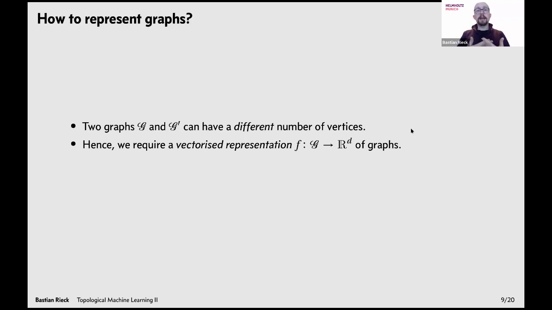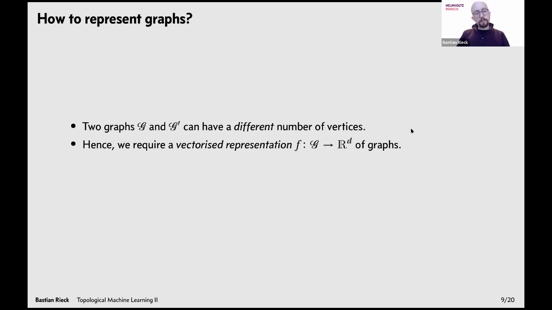You need a way to embed them in some kind of vector space in a way that is not dependent on the number of vertices in the graph. Because otherwise, for every graph that you change a little bit, if the graph size changes a little bit, you end up getting a different representation.